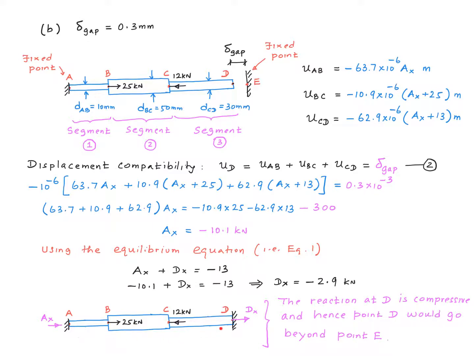Here's our free body diagram drawn for the beam. We marked the reaction at point D as a tensile force, but it turned out to be a negative number, and therefore this force is actually pushing on the rod at point D. In other words, it's a compressive force, and therefore our assumption that point D moves past point E is a correct one.